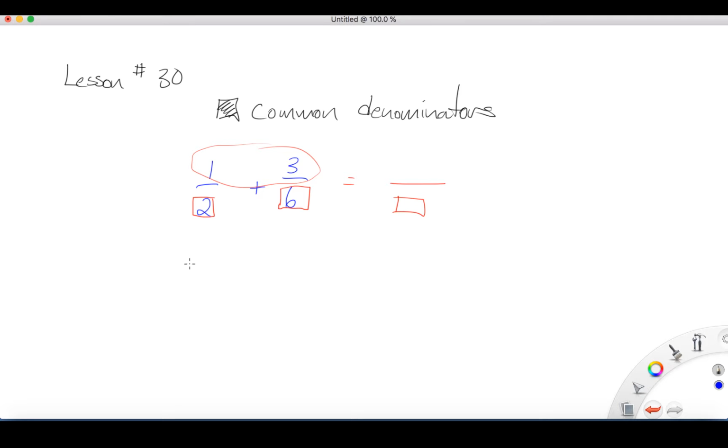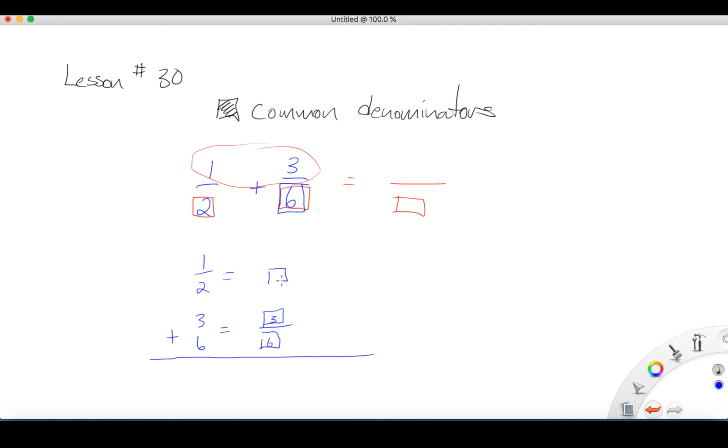What I usually do is take the larger fraction, 3/6. So 1/2 and 3/6, and I add them like this. I have to make equivalent fractions. Because this 6 and this 3 belong to the larger fraction, I'm going to leave those alone.